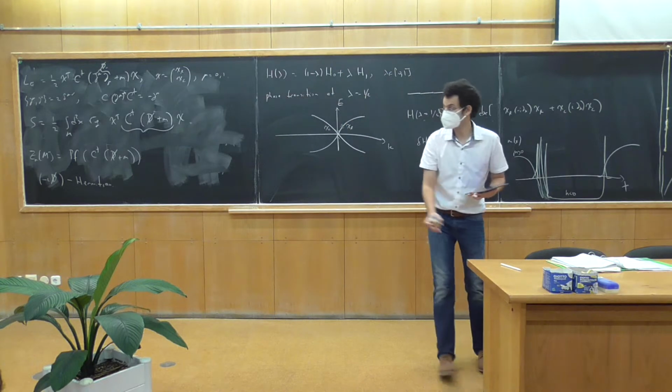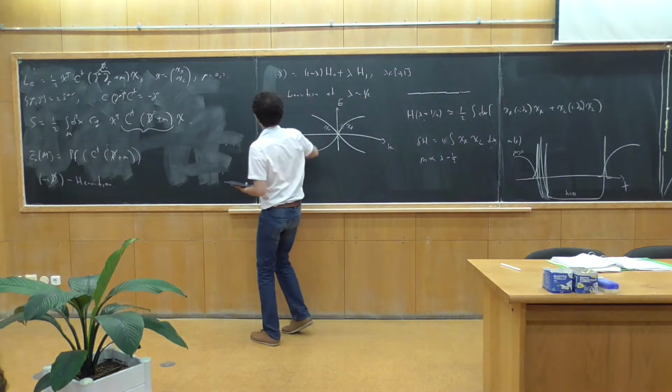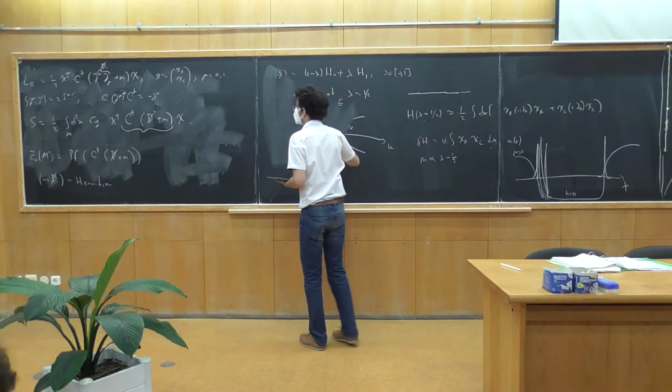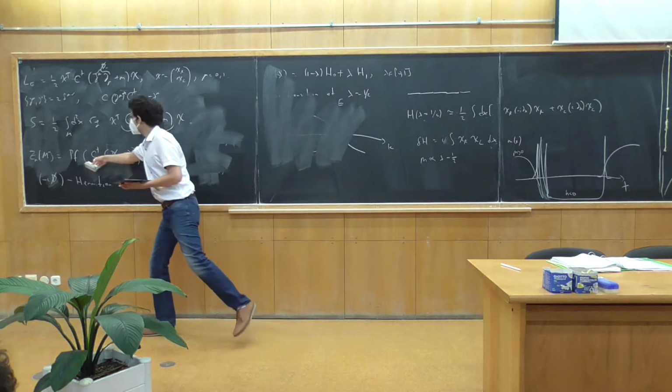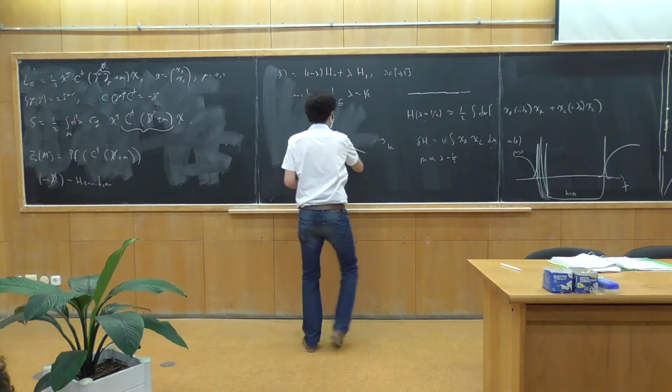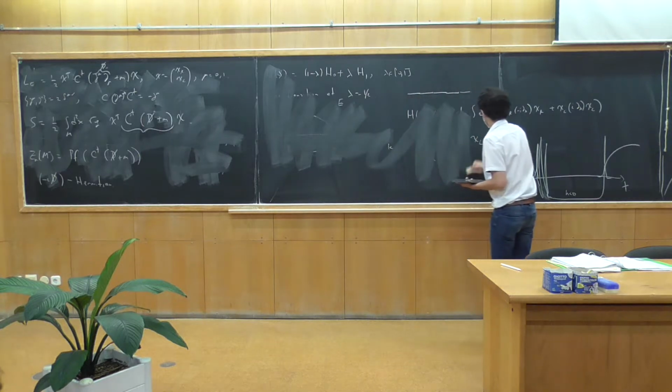Second, there is an anti-unitary operator that it commutes with, which is charge conjugation times complex conjugation.